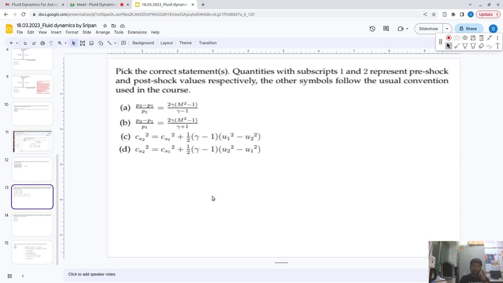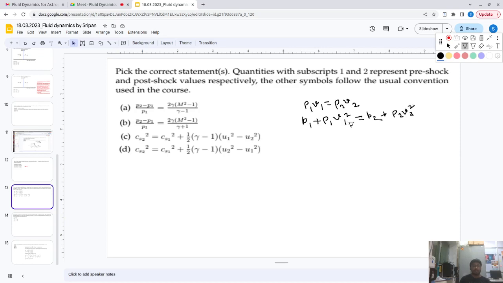If you remember, when you were deriving the shock conditions, you have rho 1 v1 equals rho 2 v2, which is the mass conservation equation, and then p1 plus rho 1 v1 square equals p2 plus rho 2 v2 square.